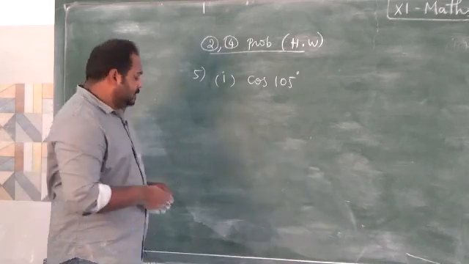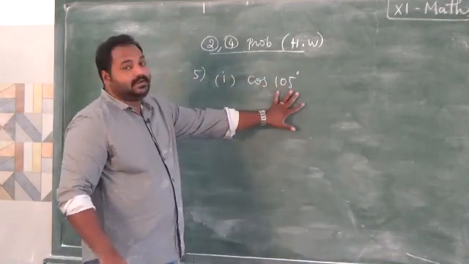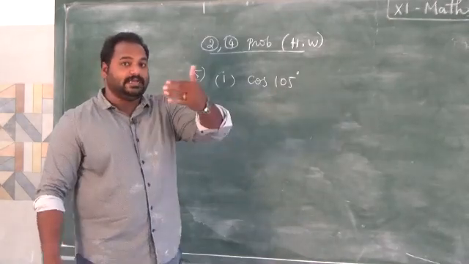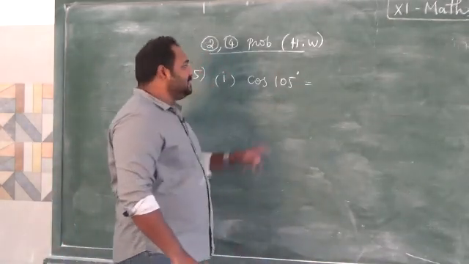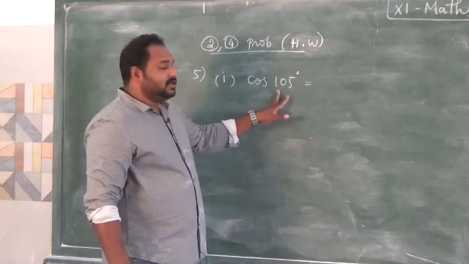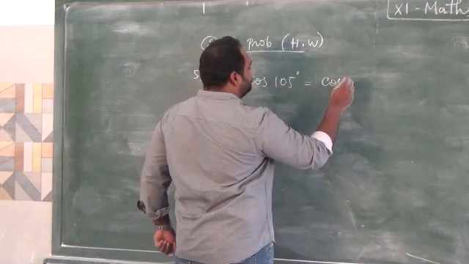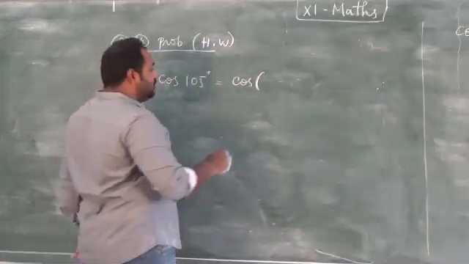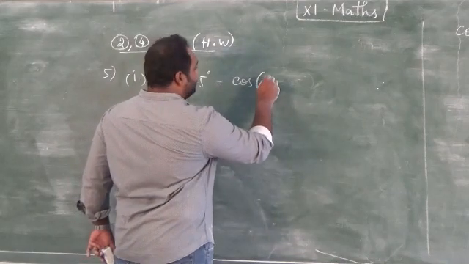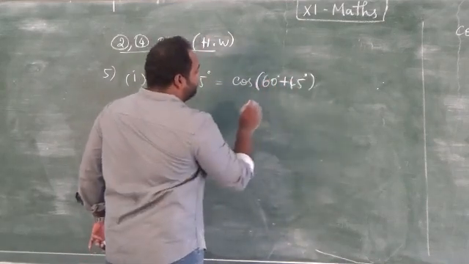So here 105 degree is given. How can we find values more than 90 degree? So here I am going to split this value. Cos 105 degree can be split as 60 degree plus 45 degree.